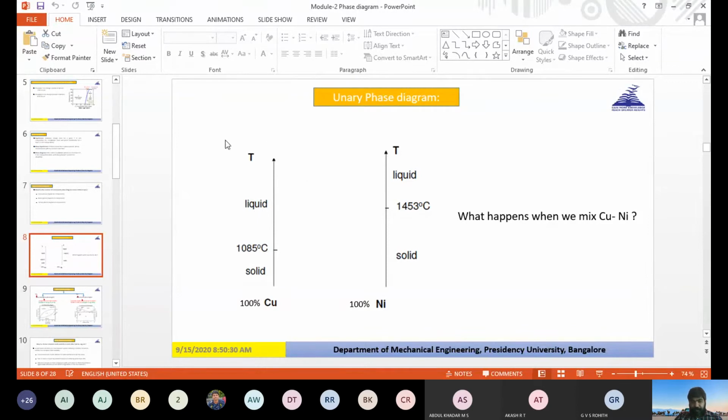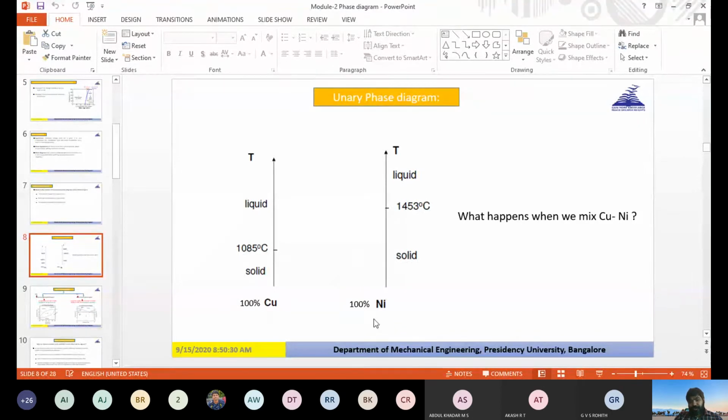So if anybody asks you to draw the unary phase diagram of pure copper, then this will be your diagram. If you heat the copper at 1085 degrees Celsius, it will convert into liquid. At this point the solid copper starts converting into liquid. Here we have the liquid region and here we have the solid region. Before the melting point there will be solid and after the melting point there will be complete liquid.